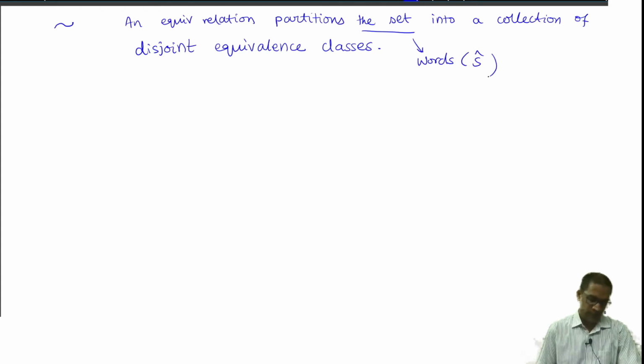Okay, what is an equivalence class? If you recall the definition, suppose I pick a word W. I will denote by this square bracket [W] the equivalence class to which W belongs.